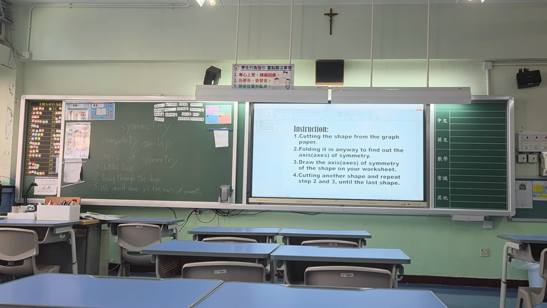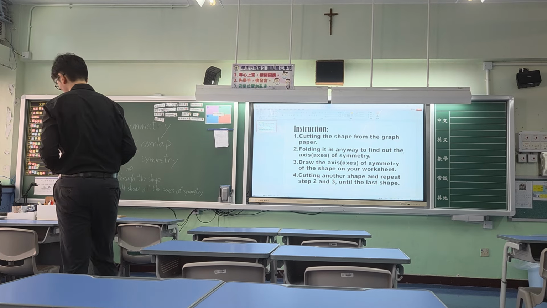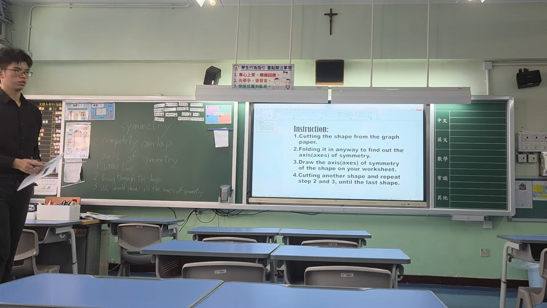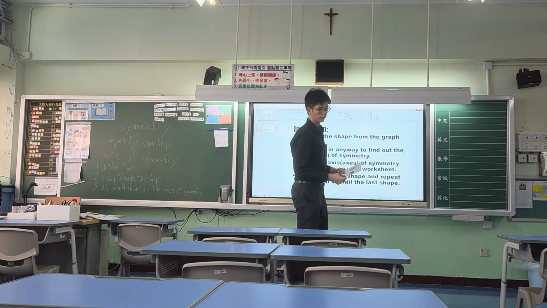How many axes of symmetry have you found for the second shape, the rectangle?